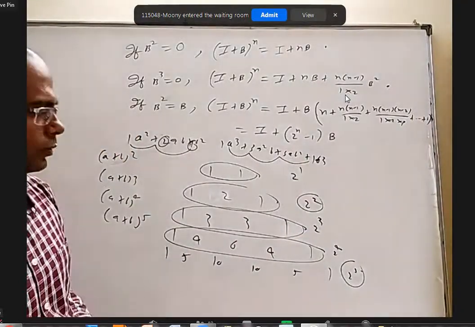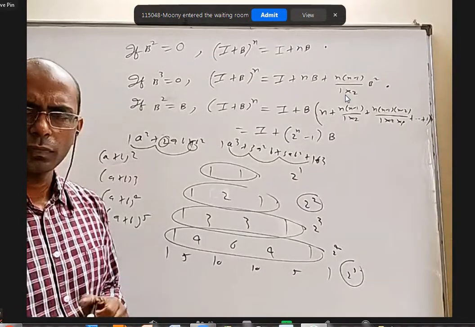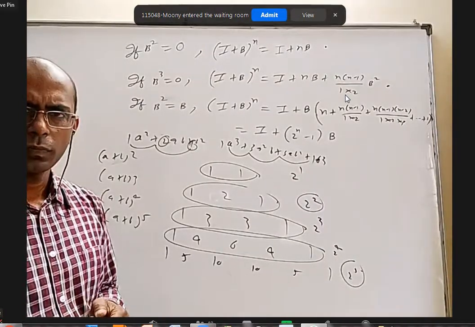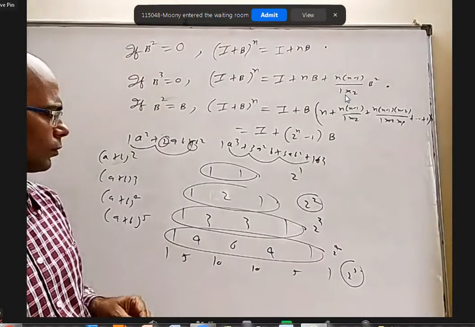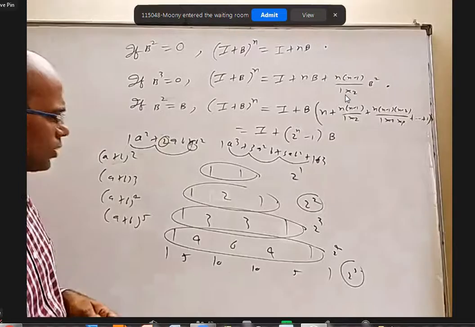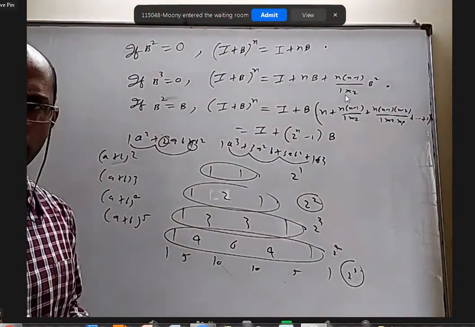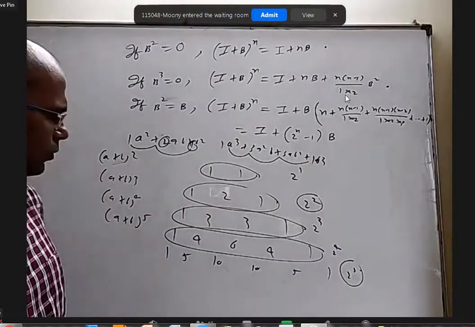Sir, is there any method for finding the equation using Pascal's triangle? Like from 1, 2, 1, can we find a square plus 2ab plus b square? In the second row, 1 1 is there.